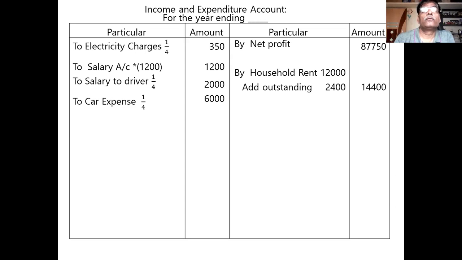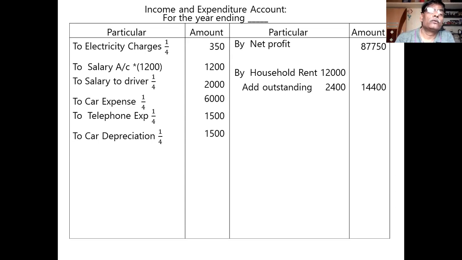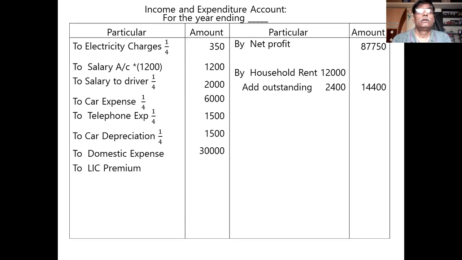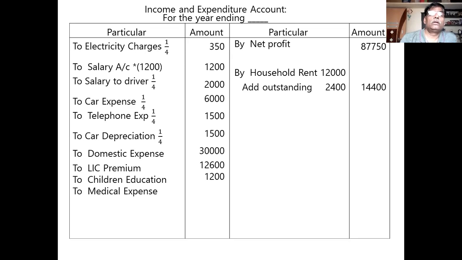Then car expense 1/4, telephone expense 1/4, car depreciation 1/4, domestic expense totally related to this, life premium total, children education total, medical expense total, and you take the total and net surplus is 39,800.